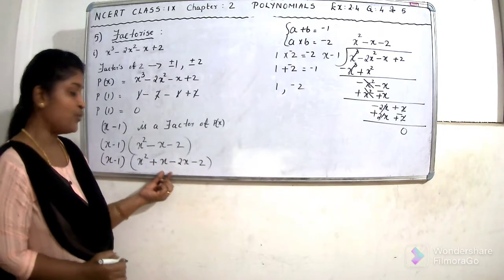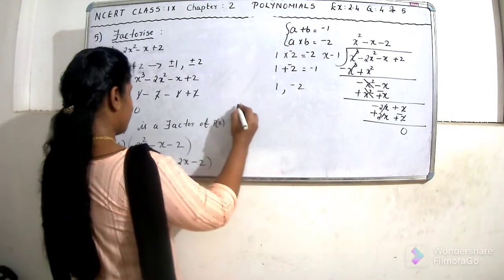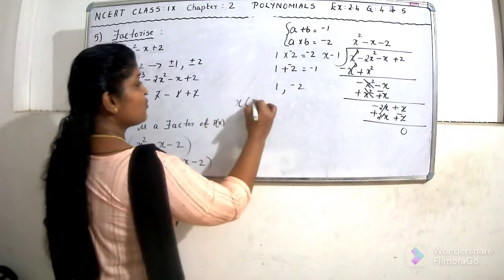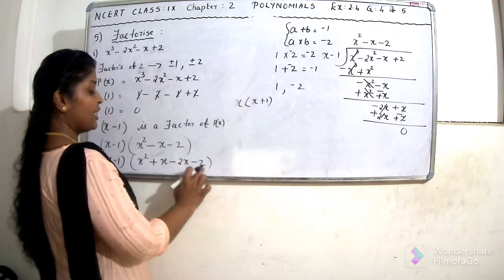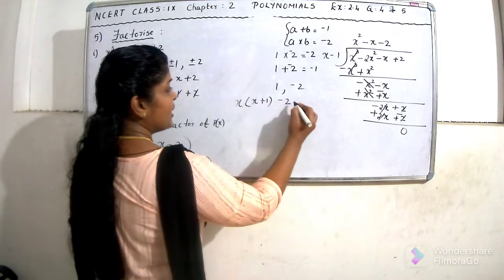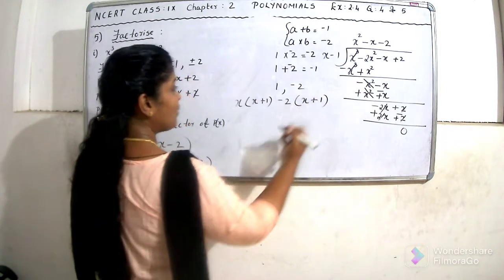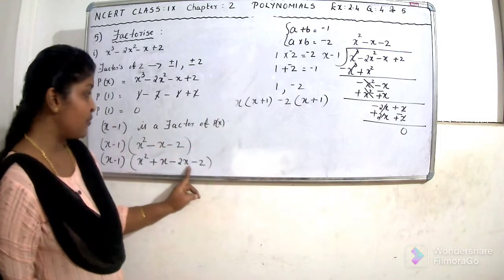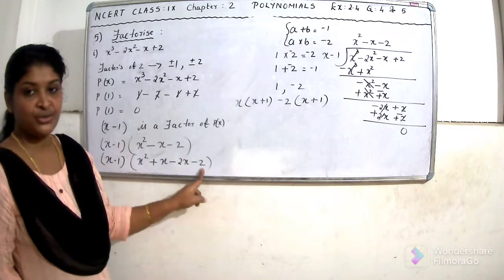Now the next step is grouping. We take the common factor outside. So x we can take outside: x plus 1. Here we can take negative 2 outside: negative 2 times x plus 1. Now if you multiply this, negative 2 into x is negative 2x, and negative 2 into positive 1 is negative 2.